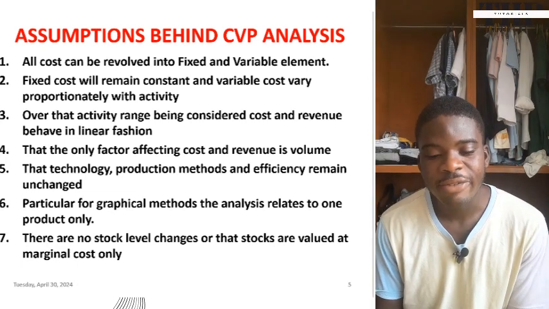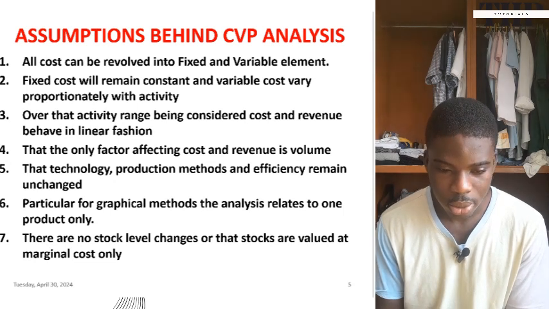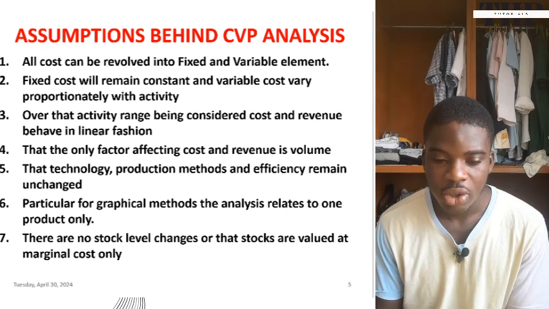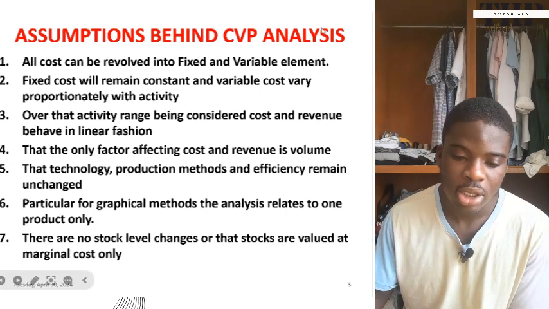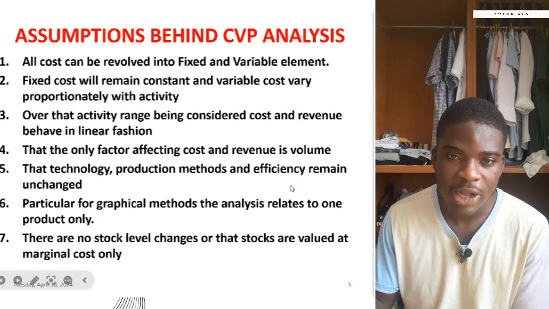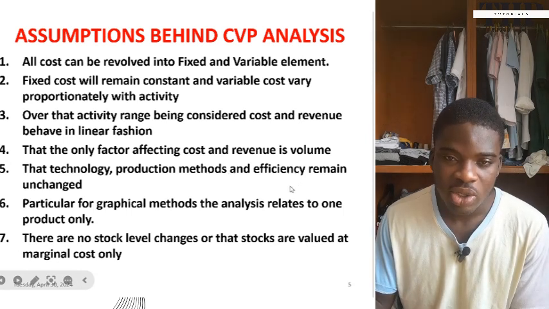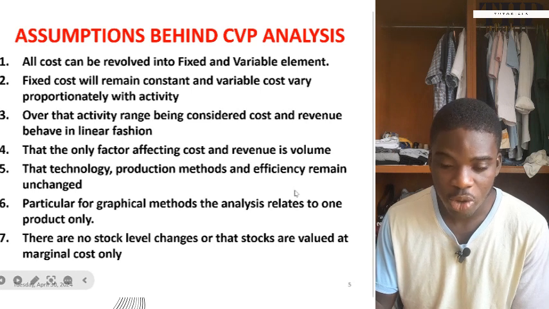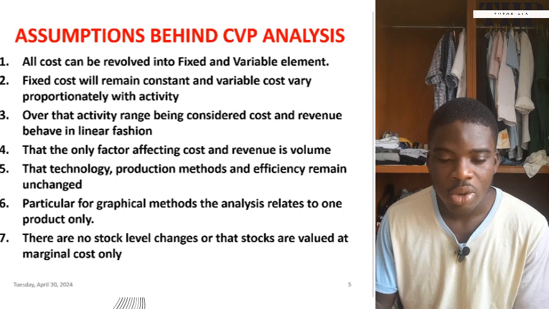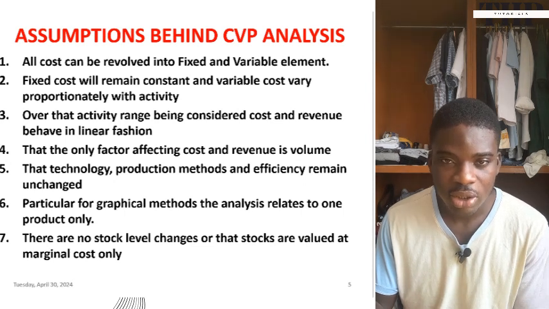Now the only factor affecting cost and revenue is volume. Technology, production methods and efficiency remain unchanged, right? So the technology that you are using, your production methods, the way you produce your product, and the efficiency with which you are producing your product remains the same. It does not change, right?